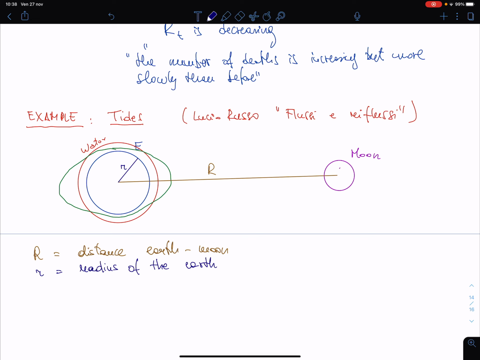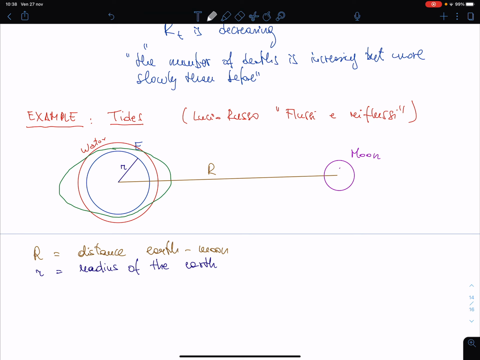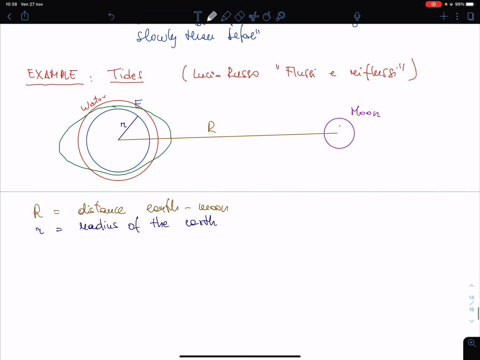And then I recall to you the Newtonian formula for the gravitational force. F of d is equal to a certain constant c divided by d squared. Now it is not important what the constant is here.